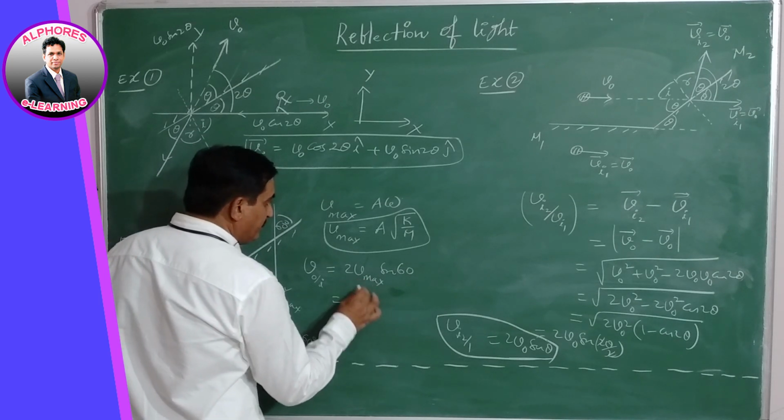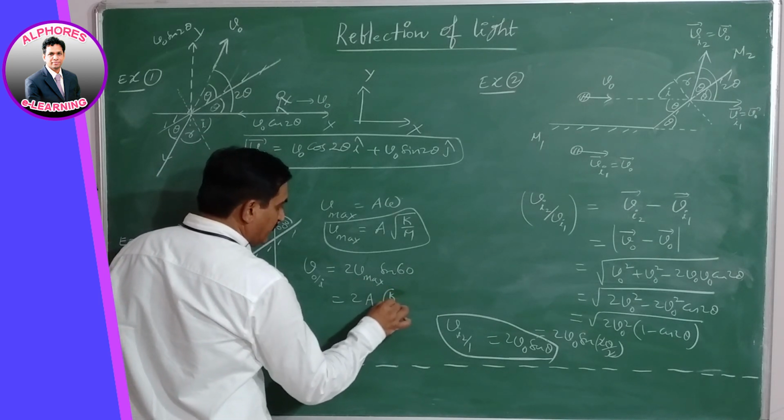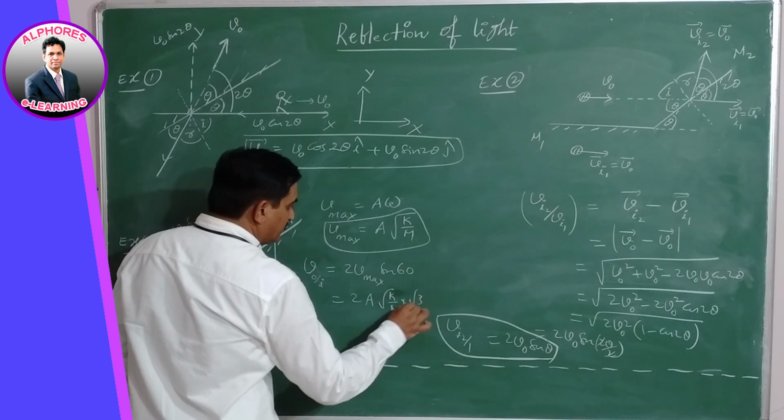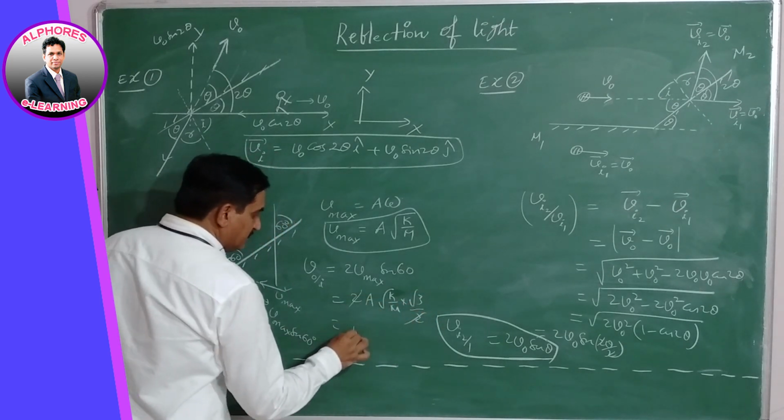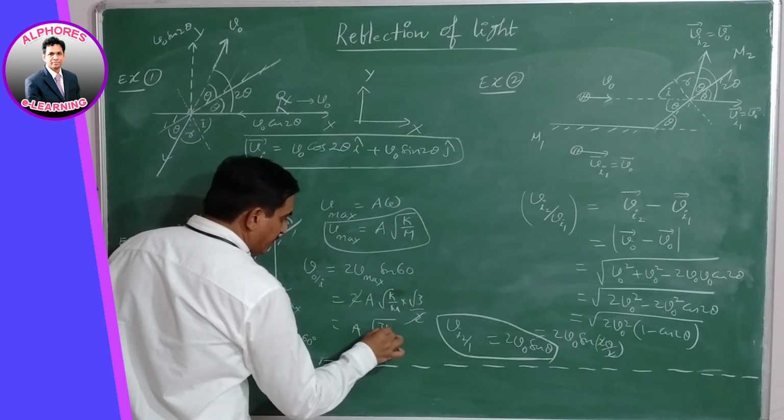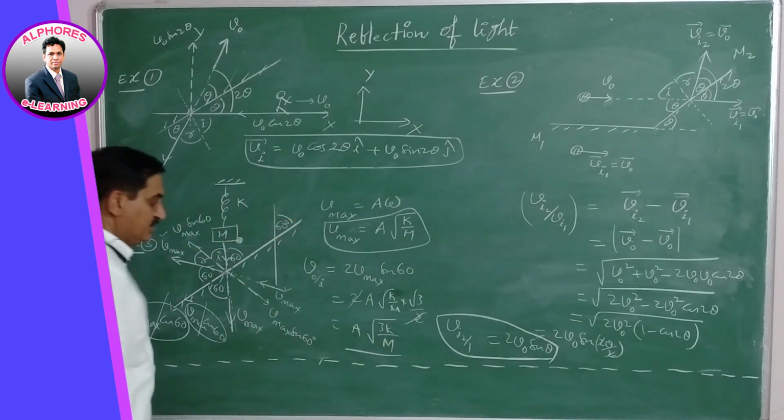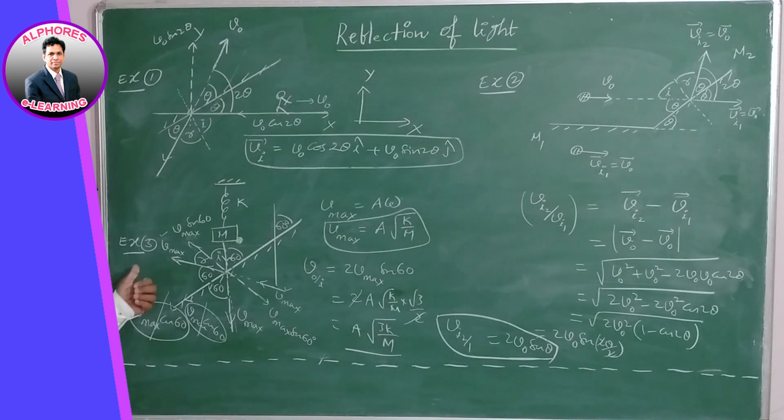Finally, 2 Vmax equals A root K by M into root 3 by 2. Let's cancel, so this is A root 3K by M. This is your answer for the third question.